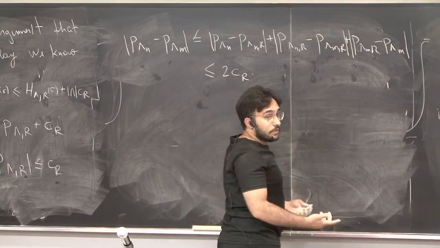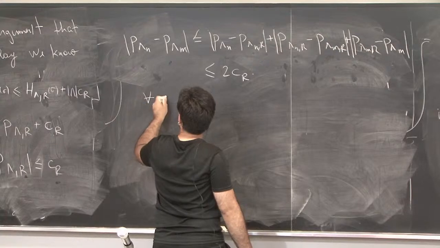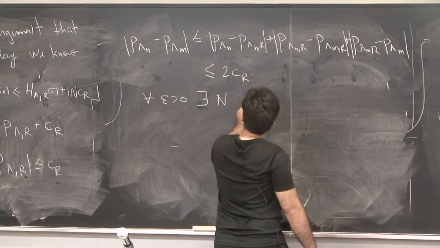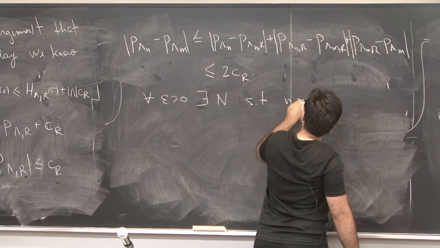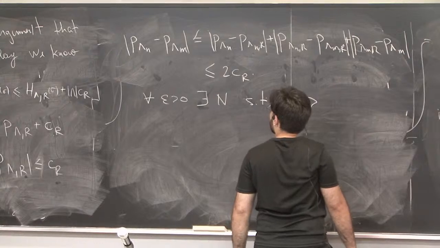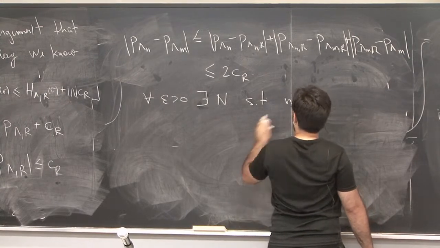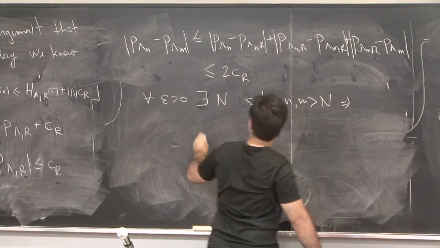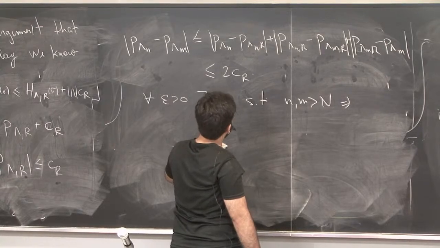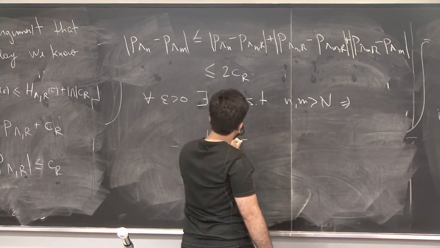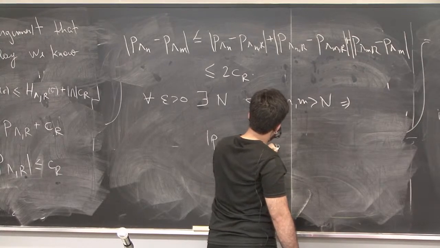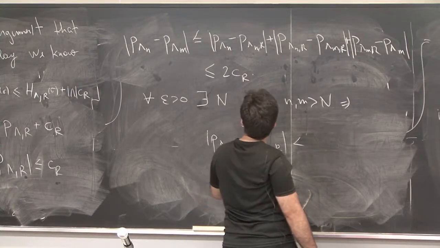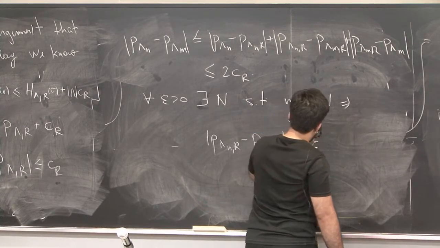So for any epsilon positive there exists an n such that if n, m is larger than n, then this implies that P lambda n r minus P lambda m r is less than epsilon.